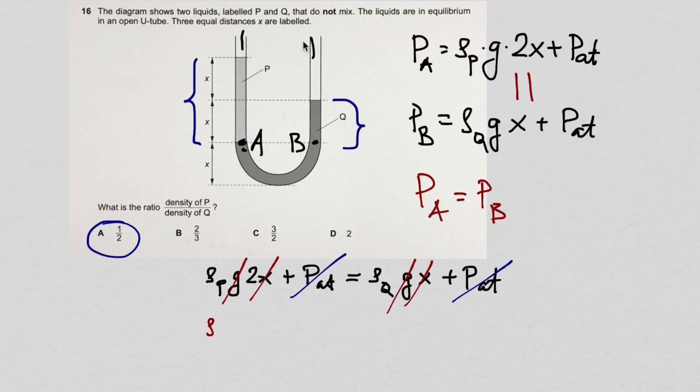So that leaves us with twice rho P equals rho Q. So what we're looking for is rho P over rho Q. That would be equal to one half. So here's your answer. Alright, so that's it. Happy solving.